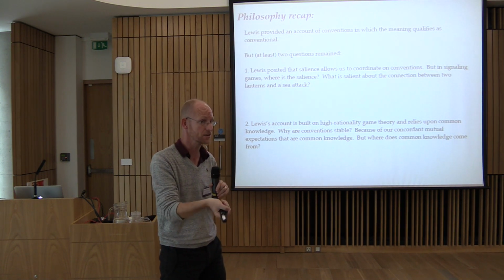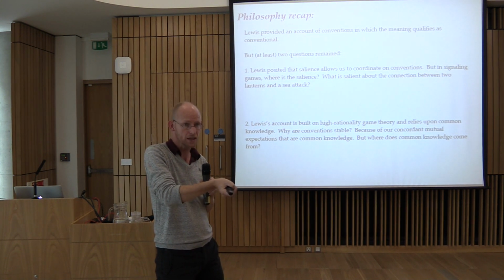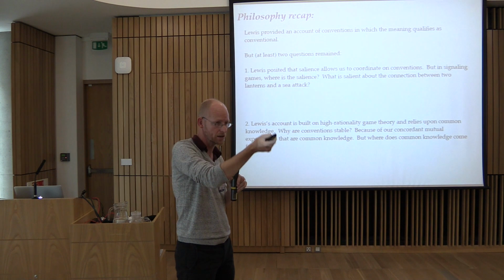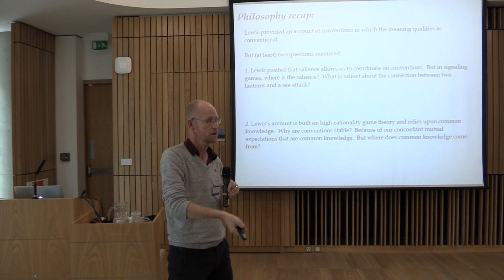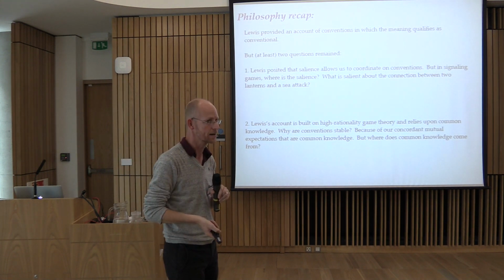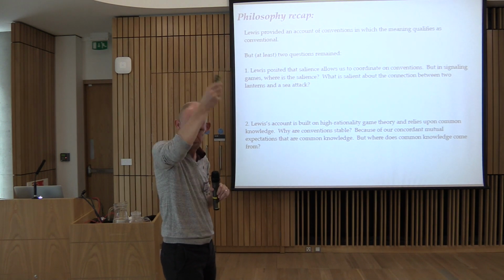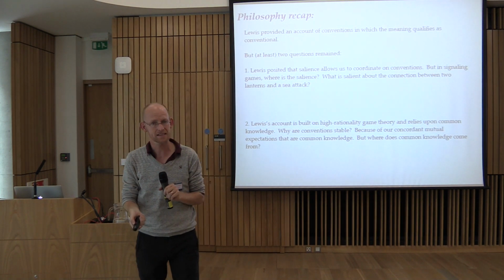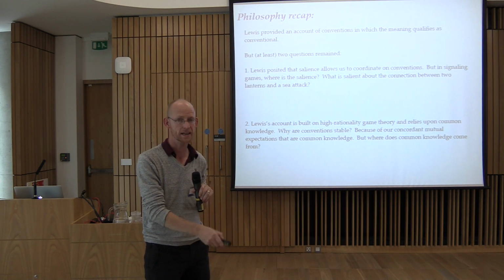Maybe it's genetically given, but it's kind of a convention as well. But you cannot explain why that emerged or how it became stable by relying on higher order rationality or common knowledge, because they really don't have that. So maybe for humans it makes some sense to posit higher order rationality and common knowledge, but certainly not for animals. But they also signal. So how do you explain that?